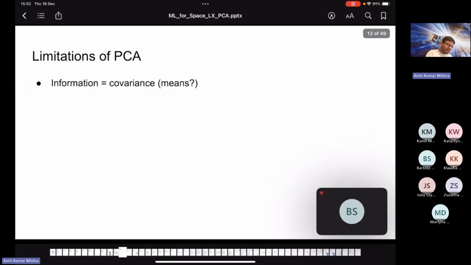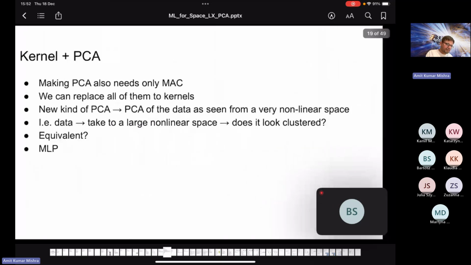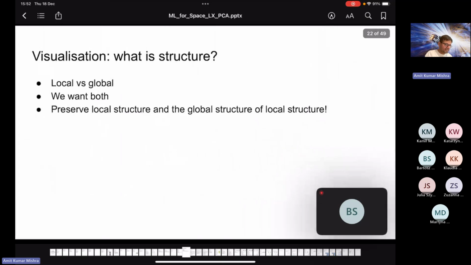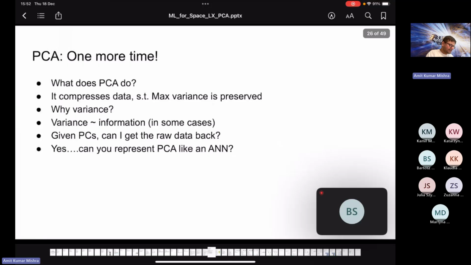So principal component analysis actually has two parts. Number one, from the high dimension data, you can find the principal component data, which is low dimension. And you can use the low dimension data to project back to the high dimension data. And PCA has matrix multiplication, and matrix multiplication can be modeled as neural networks.